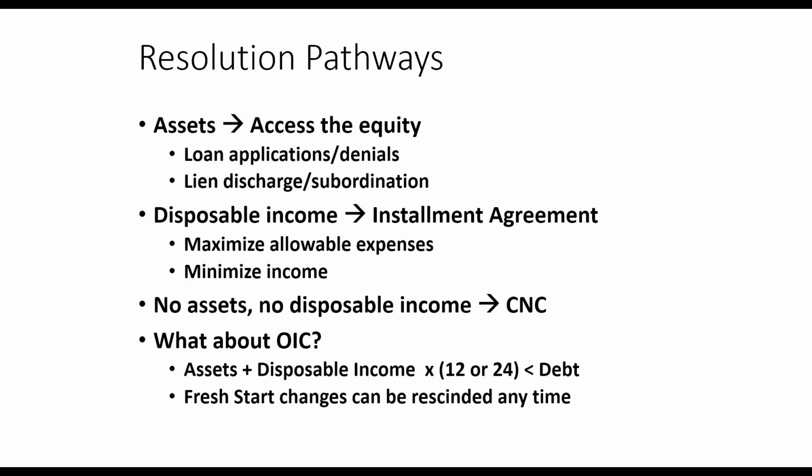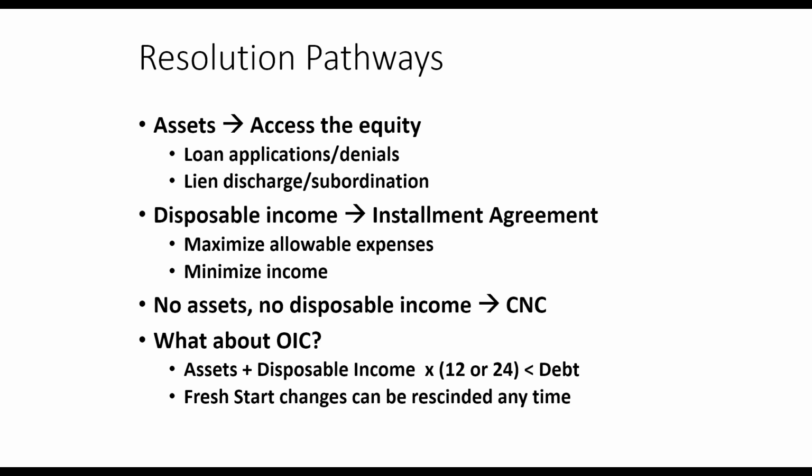If the taxpayer has assets and they are beyond streamlined criteria, meaning they do not qualify for a streamlined installment agreement, the IRS is going to expect that the taxpayer attempt to tap into equity they have in assets. So it's a good idea, if they are not streamline eligible, that you get 2 or 3 loan denial letters in advance because a revenue officer is going to ask for them.